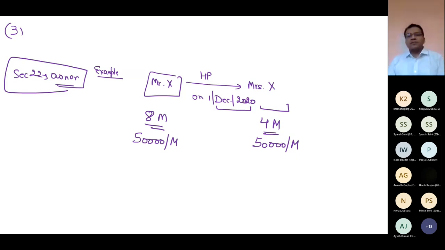From 1st December 20, my wife became the owner. Tenant is still paying 50,000 per month. Now for the first 8 months, who should be the person who will pay the tax on house property income? Any answer from your side? Hurry up.